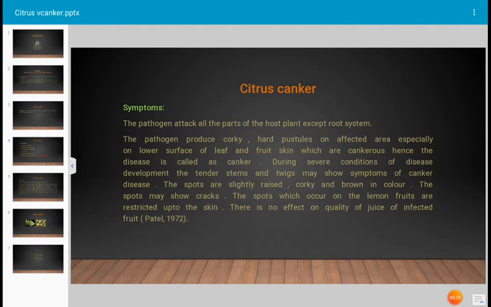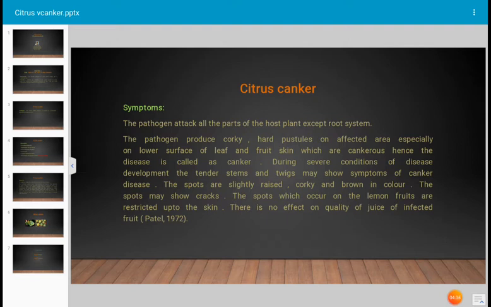Which type of symptoms are caused by the pathogen? The pathogen causes symptoms on the plant. The entire plant except the root system gets affected by the pathogenic organism. And citrus is a perennial plant that remains in the field year after year.